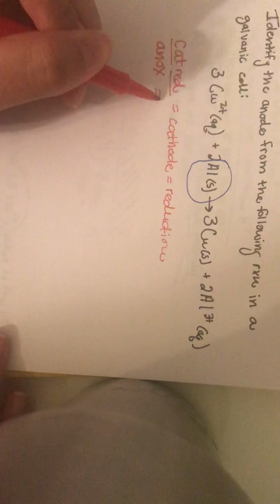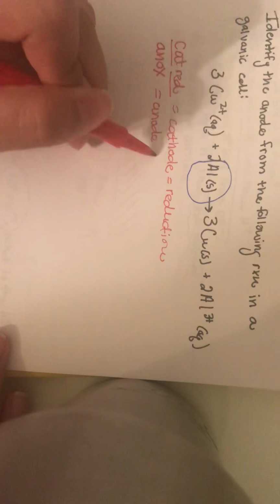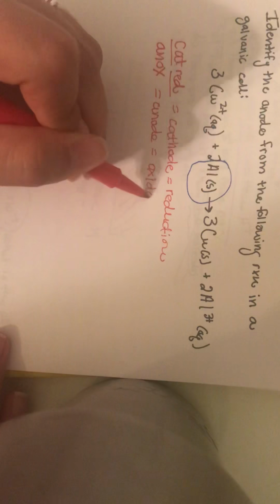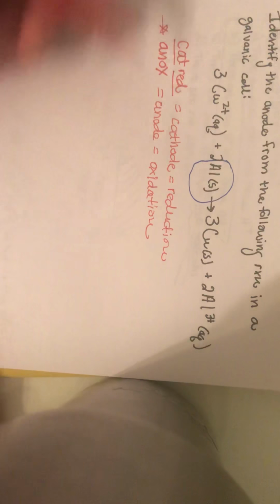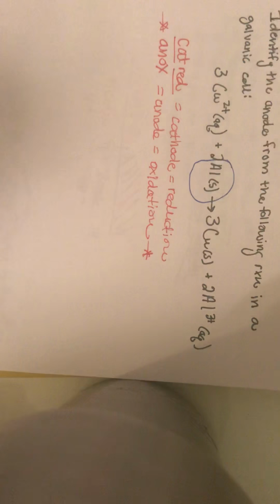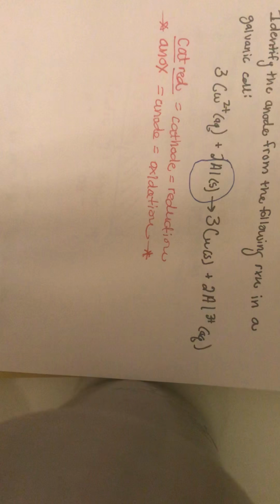And anox is anode equals oxidation. I personally think anox is easier to remember than cat red or red cat. So you can just remember anox because it goes really well together, and then the other one is reduction.